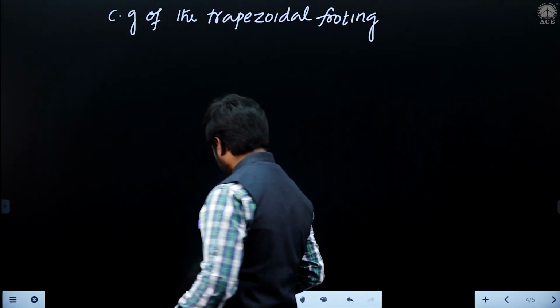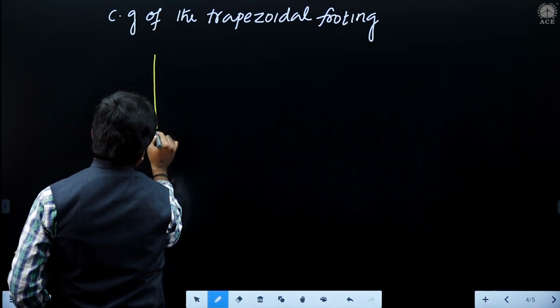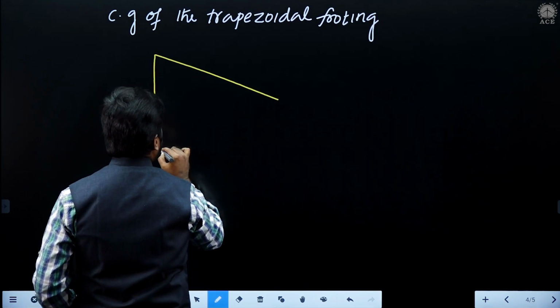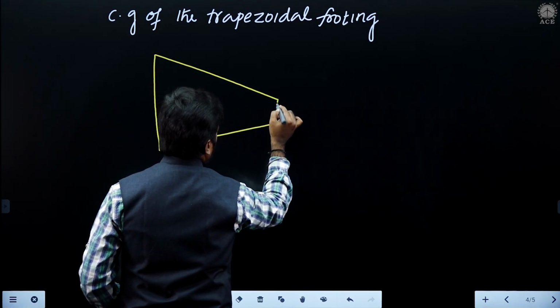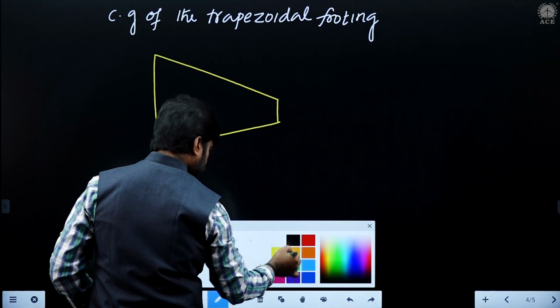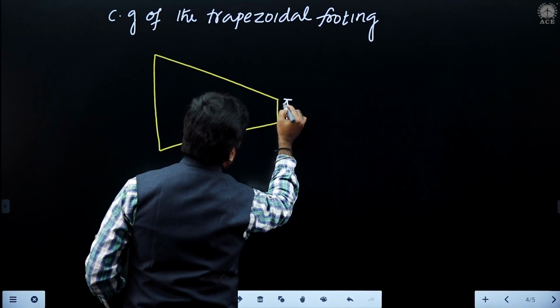See here, it is a rough sketch I am taking. One side width will be 5 meters, the other side width will be 1.5 meters.